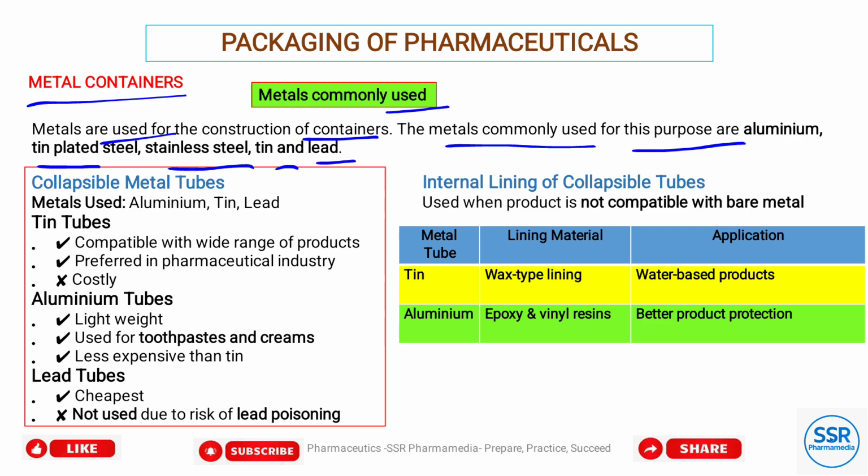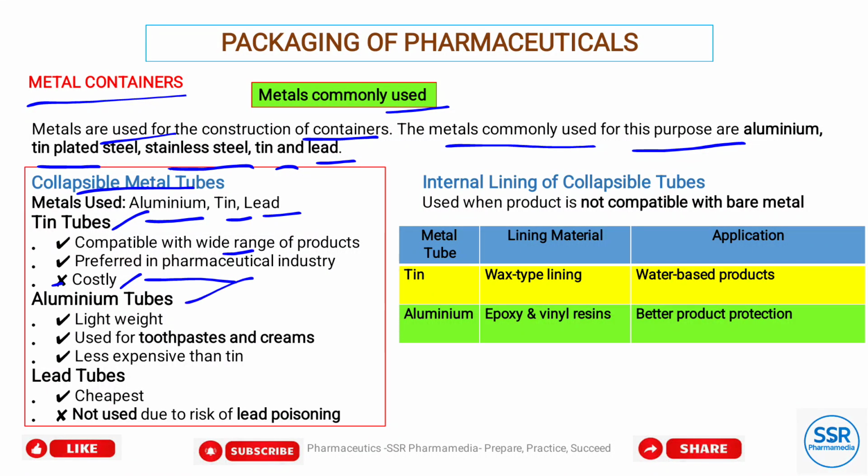So next, collapsible metal tubes. For the preparation of collapsible metal tubes, aluminum, tin, and lead are used. Tin tubes are compatible with a wide range of products and preferred in the pharmaceutical industry, but they are very costly, which is a disadvantage.